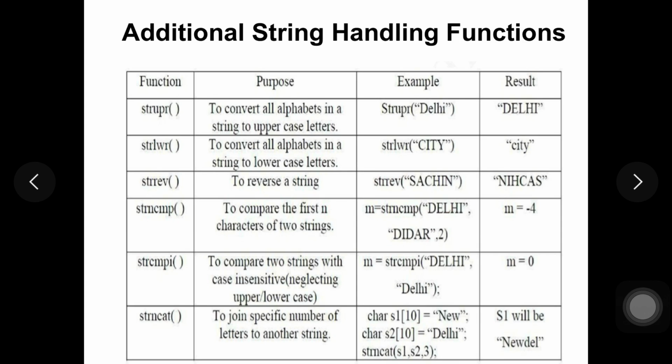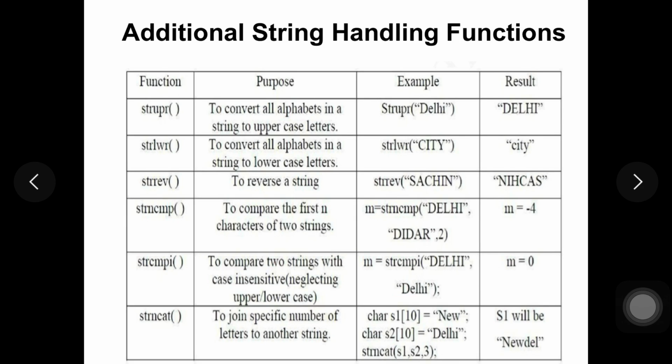Okay. Next we have strcmpi. Again, this is a string comparison function. It is used to compare two strings case-insensitively. So you are ignoring whether the letters are in uppercase or lowercase. You can see we have the same two strings given here. One is in uppercase, one is in lowercase, so we have Delhi to be compared with Delhi.